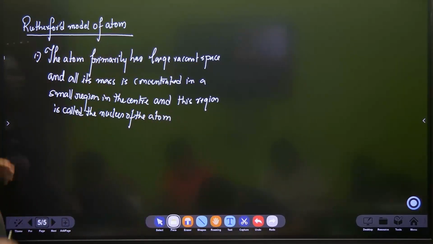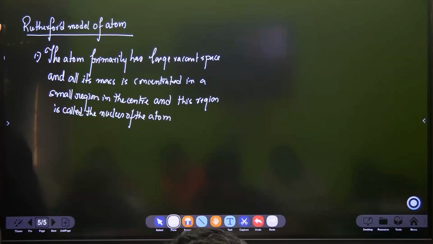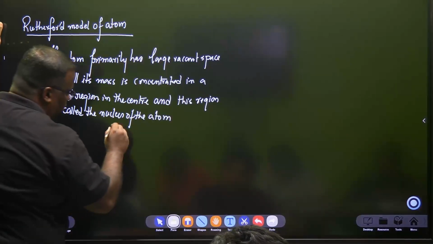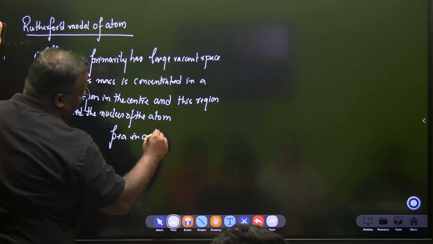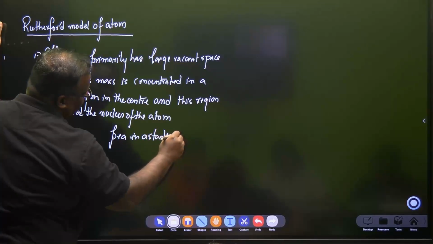The atom primarily has large vacant space and all its mass is concentrated in a small region in the center, and this region is called the nucleus. And this small region, you should always remember, pea in a stadium. It is that small.